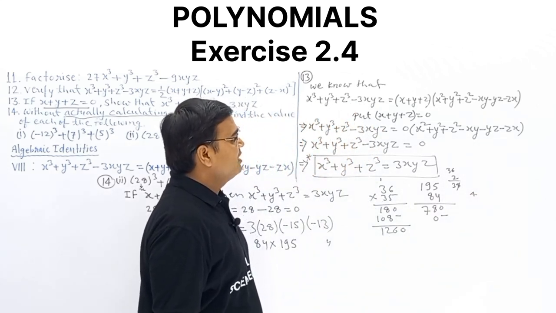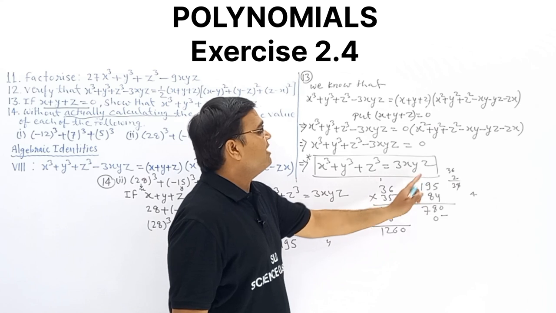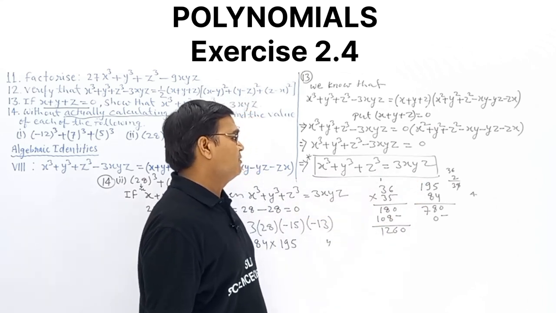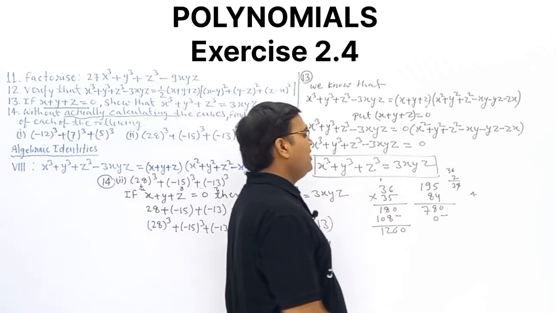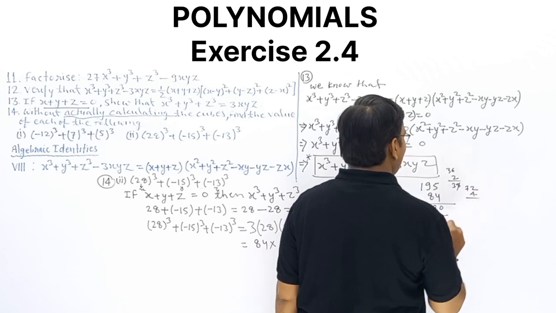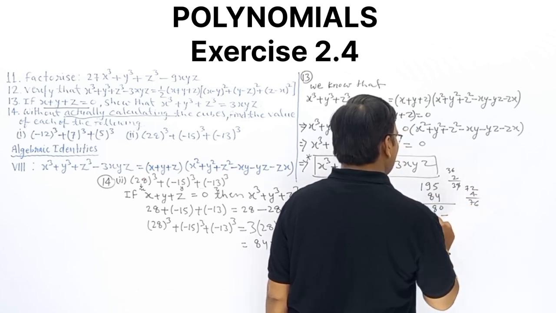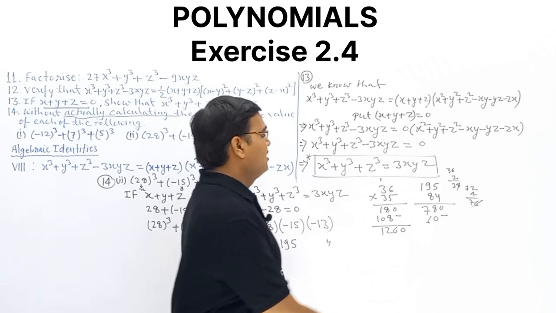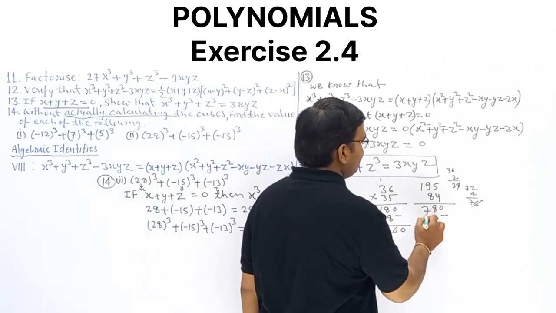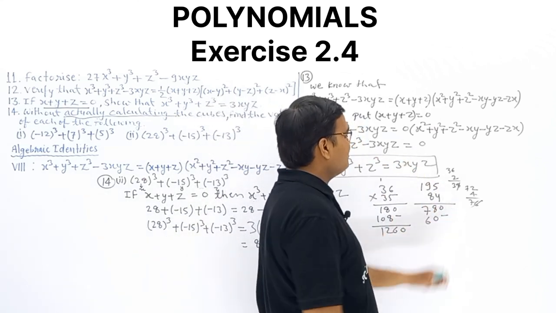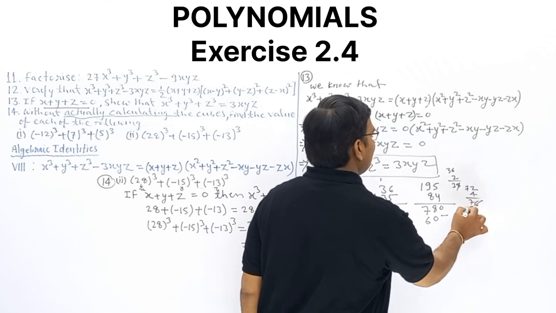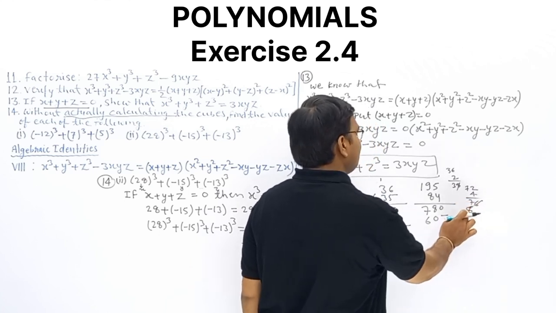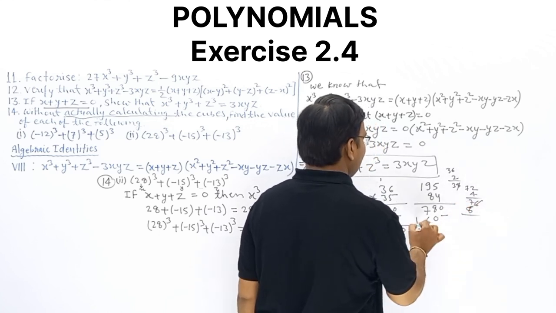Now 8 nines are 72. 72 plus 4 is 76. 6 will be there, 7 is remaining. Now 8 ones are 8, 8 plus 7 is 15.